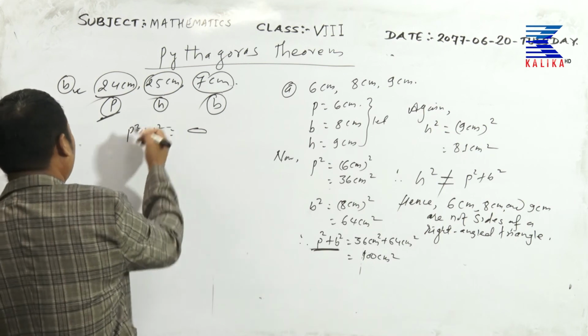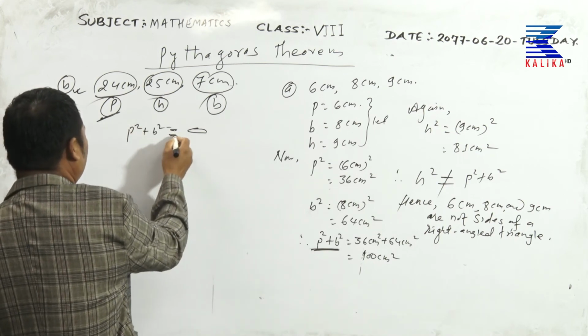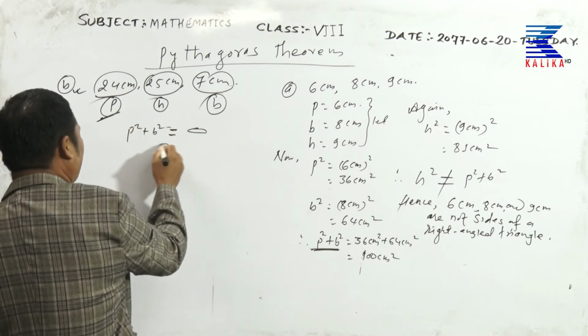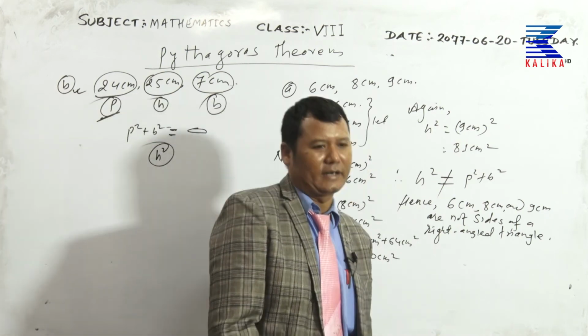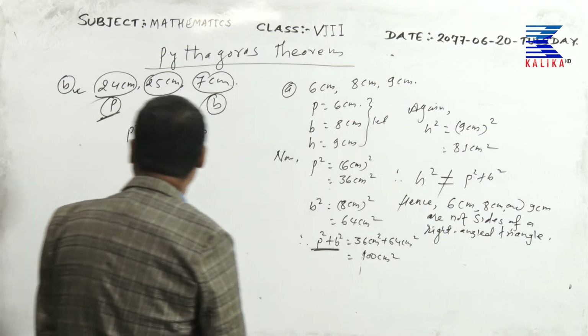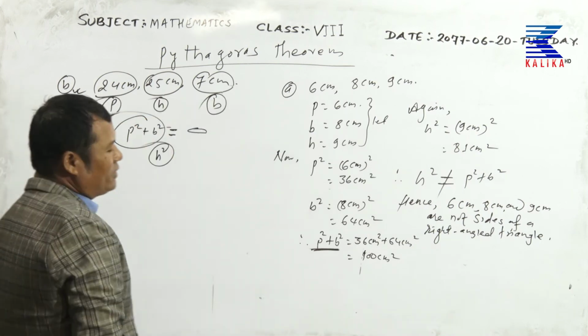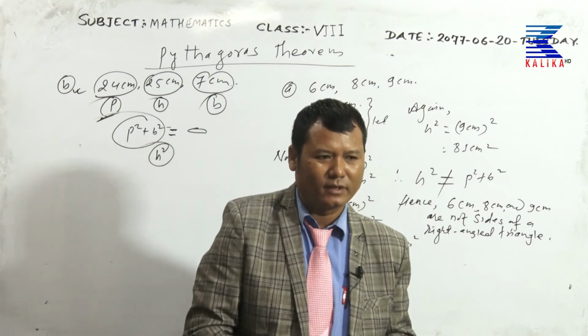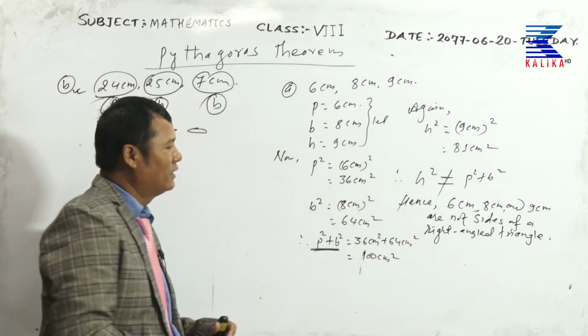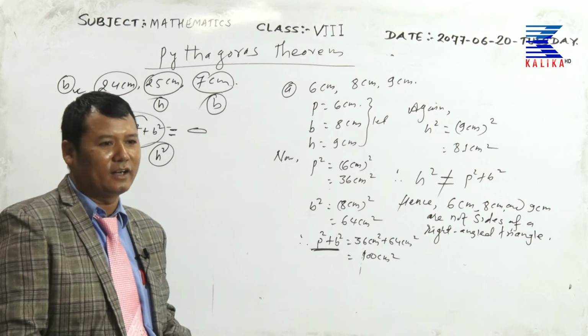If the sum of P square plus B square is equal to H square, it will be the sides of a right angle triangle, and if the sum of P square plus B square does not equal H square, then that is not the sides of a right angle triangle.